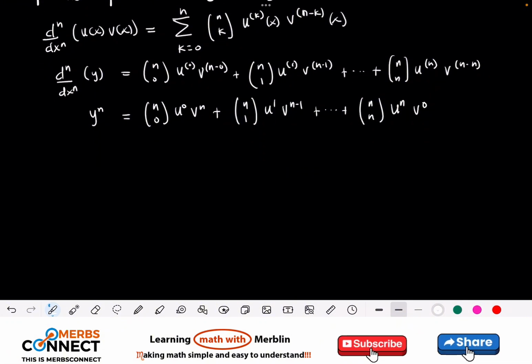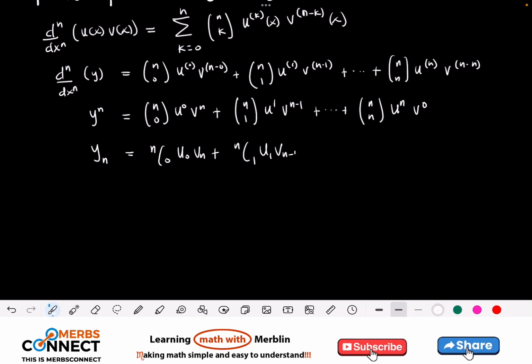Now, we can rewrite this as y subscript n, and we can write this as n combination 0, u0, v n, plus n combination 1, u1, v n minus 1, plus and so on, and then we have n combination n, u n, and v naught.